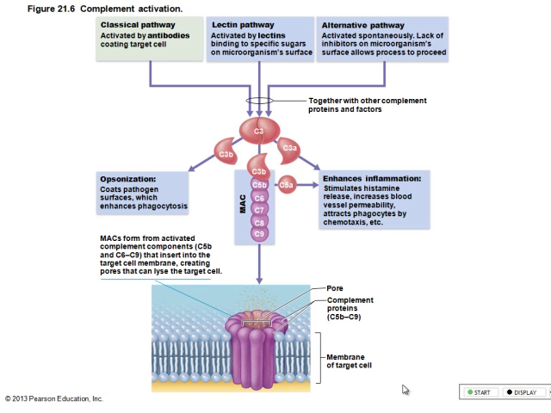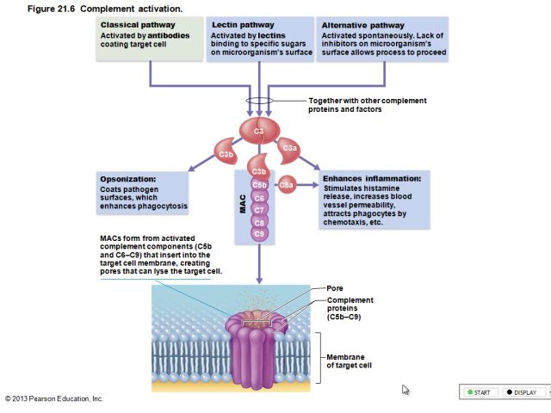So when antibodies are on target cells, that's going to activate complement. Something called the lectin pathway, when microorganisms and some of their surface substances are present, that can activate complement. We can also spontaneously activate complement.